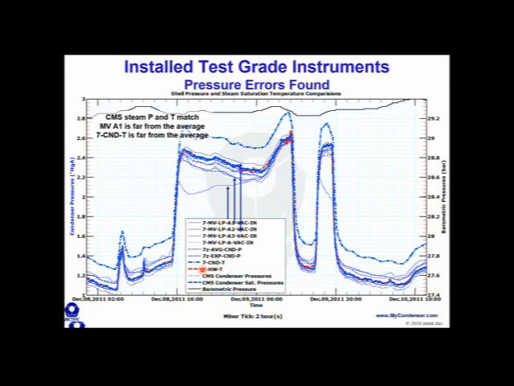And then the other good measurement that this plant has is the hot well temperature. It turned out to be a very good temperature measurement. Anyway, if you compare the saturation pressure from this temperature measurement to these test grade measurements, we see this. So these green lines show you where all those are. They're right on top of one another. I mean, within hundredths of an inch.